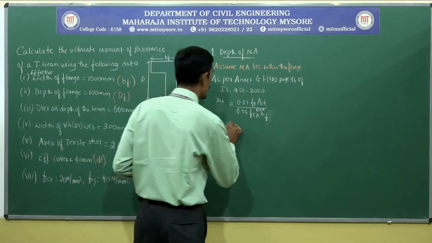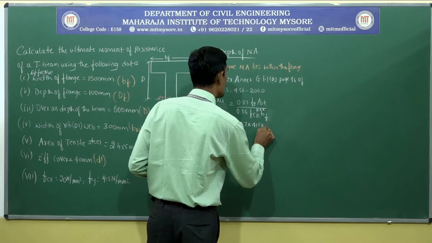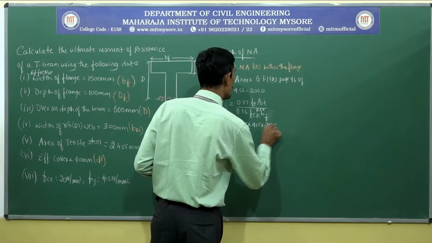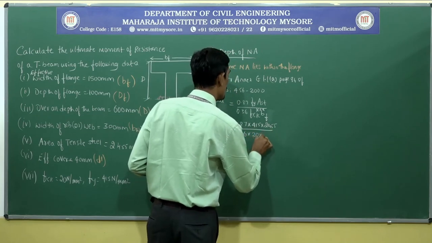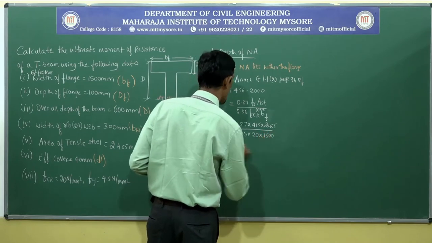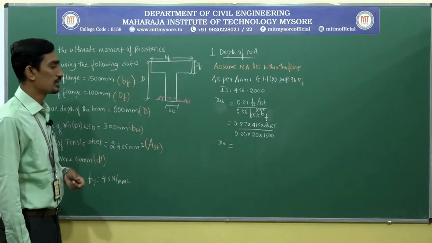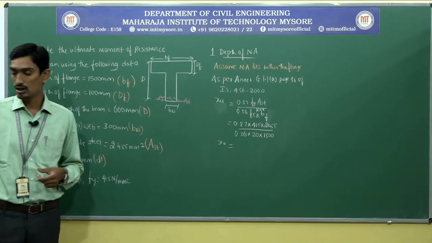So let us substitute all the data: 0.87 into 415 into AST is 2455 divided by 0.36 into 20 into 1500 millimeter. This is the substitution I have done. Please cross verify once whether you have substituted properly or not.